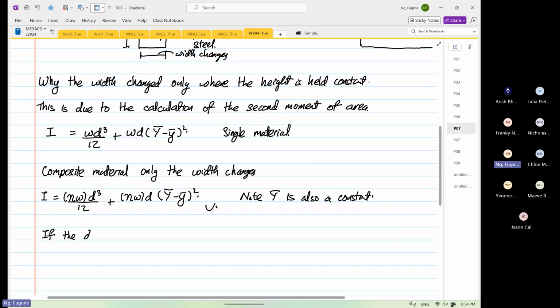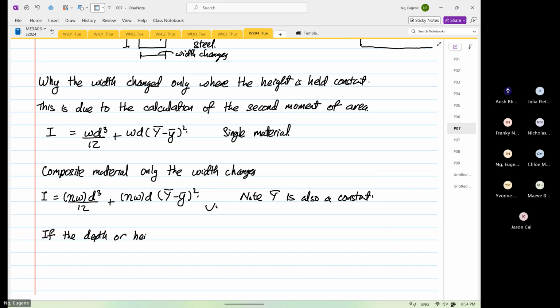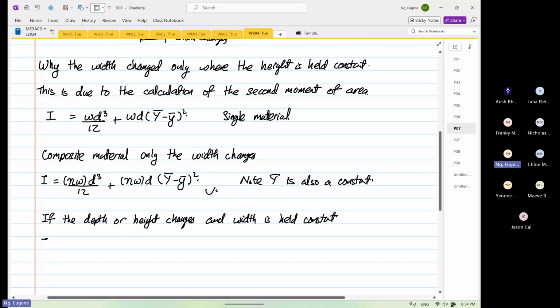Right? So this is correct if the depth or height changes, okay, let's say, and width is held constant, right? The problem is this: now you have n, the width is constant.